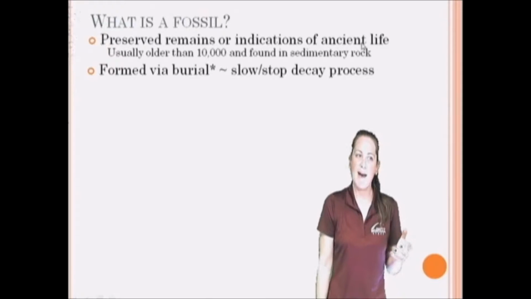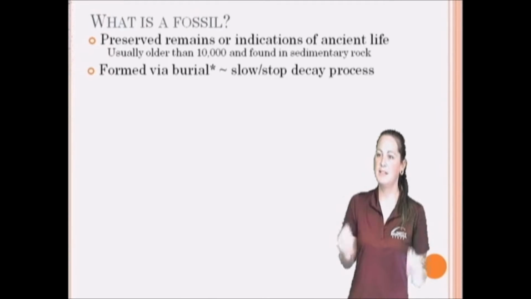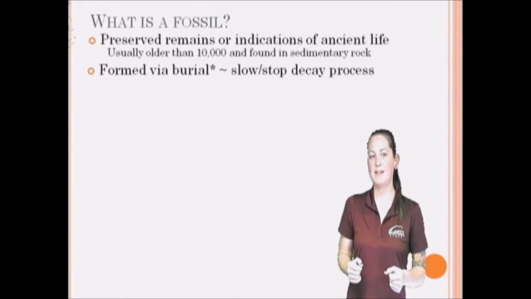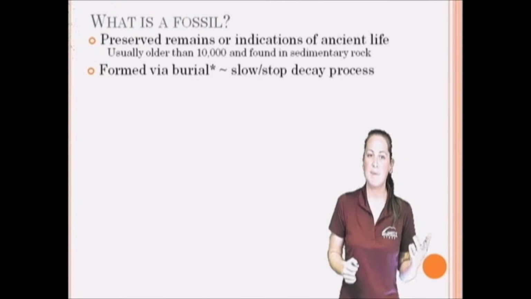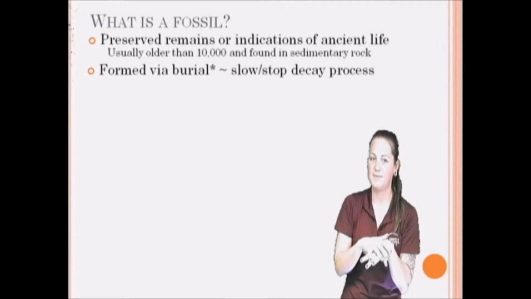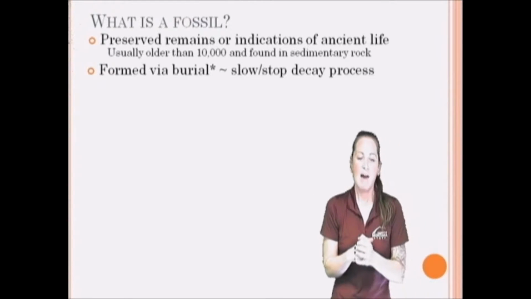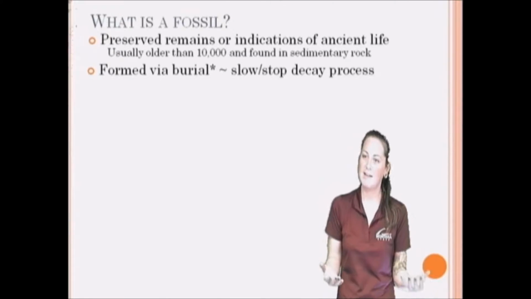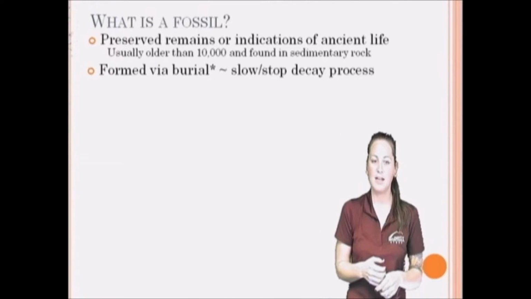So they're formed by slowing or stopping the decay process. So the faster you can stop the decay process, the better. And this is usually done by burial, so mud or something going over the top of something that's dead. However, we can have tar preserved fossils, like at the La Brea tar pits in California.